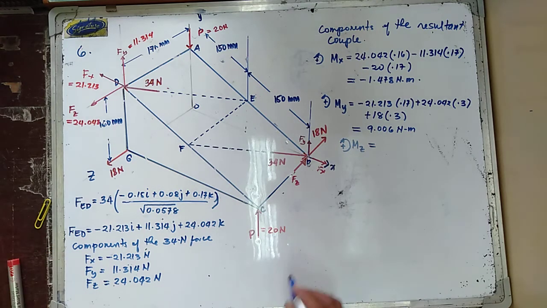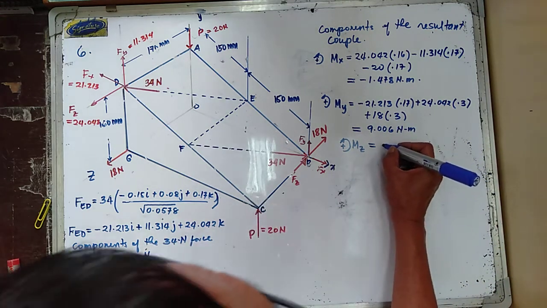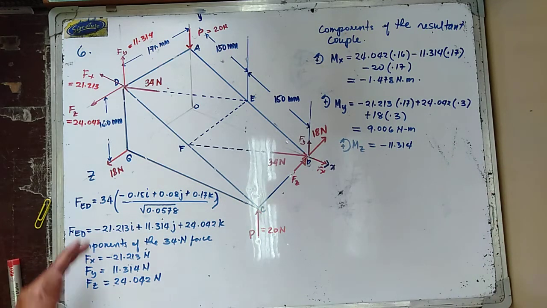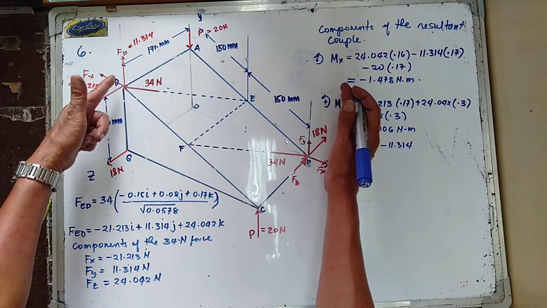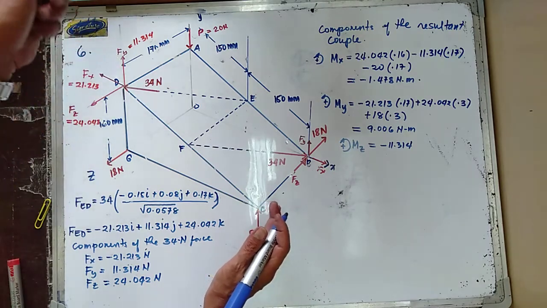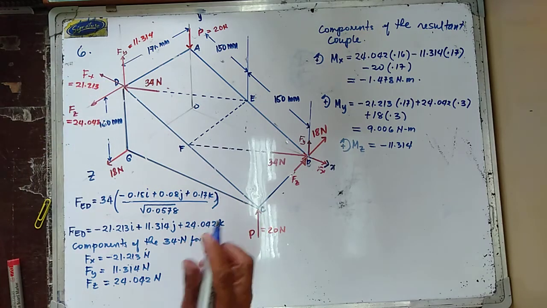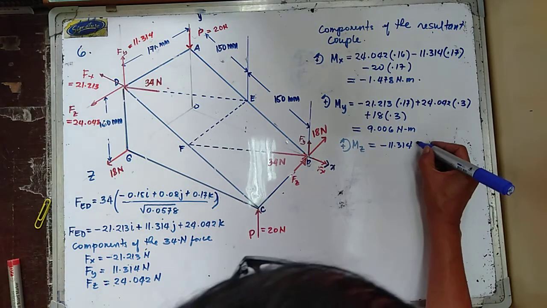This is going clockwise, so minus 11.314 about the z-axis. The moment arm in here, about the z-axis, is equal to 300 mm, and that one is 0.3.